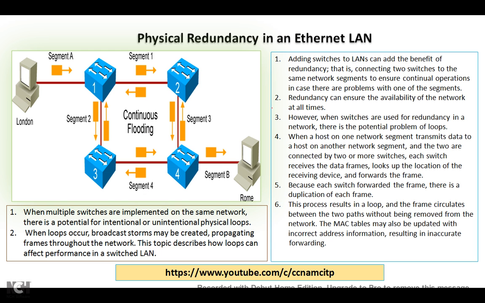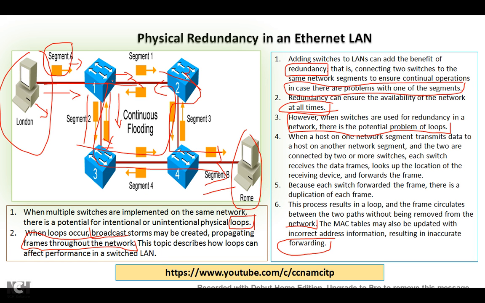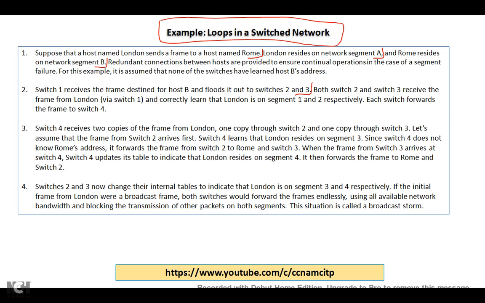The same thing as I told you: this switch is receiving data and flooding to switch 2 and switch 3. Both switch 2 and switch 3 receive the data frame from London via switch 1 and correctly learn that London is on segment 1 and 2 respectively.